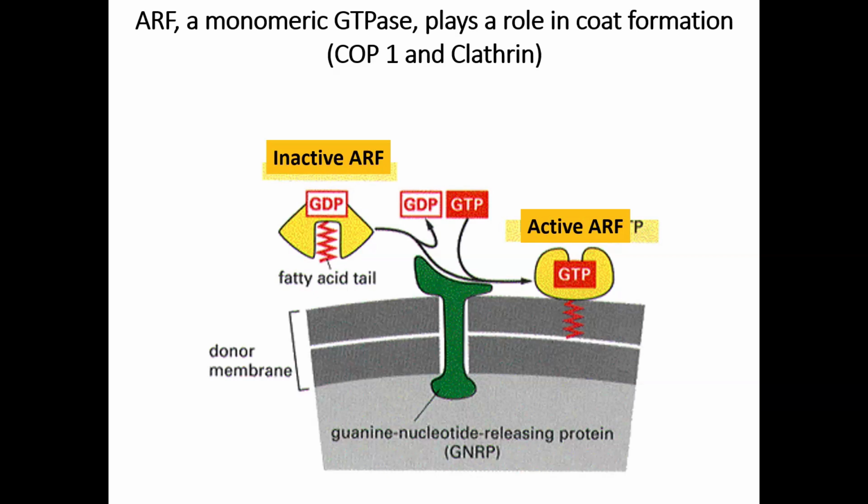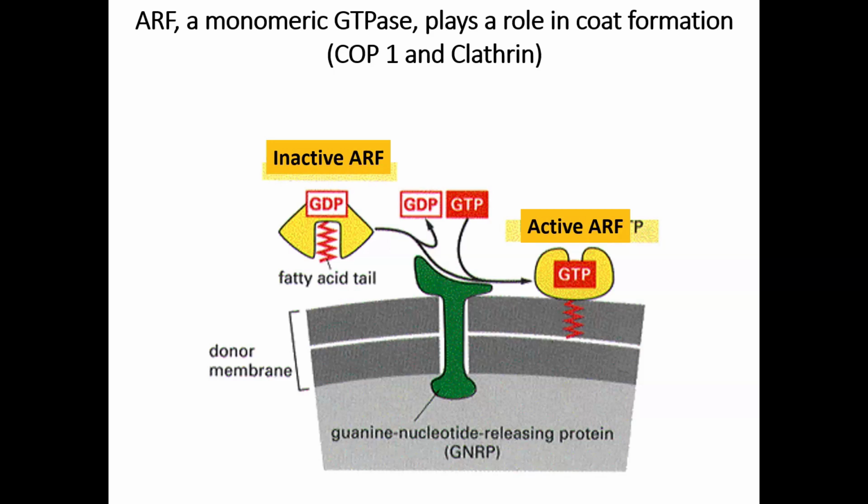Now, this is your GNRP or GEF, guanine nucleotide releasing protein, or guanine nucleotide exchange factor. These help to exchange the inactive GDP with a GTP. Now, this is the active ARF. And see that now the hydrophobic fatty acid tail is extended due to the conformational change caused by the GTP. This inserts itself onto the membrane.